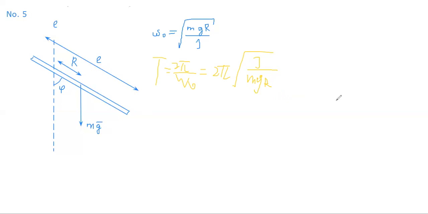Maybe first of all we need to find the explicit form of this expression. I mean that we need to find the moment of inertia as a function of r.